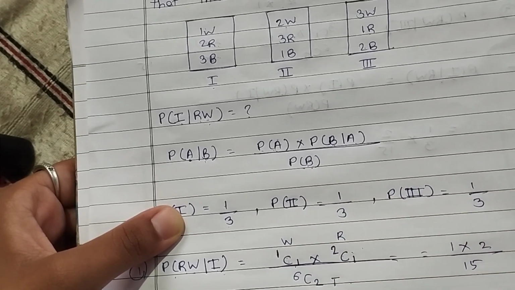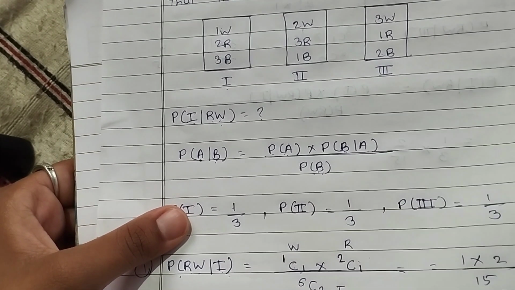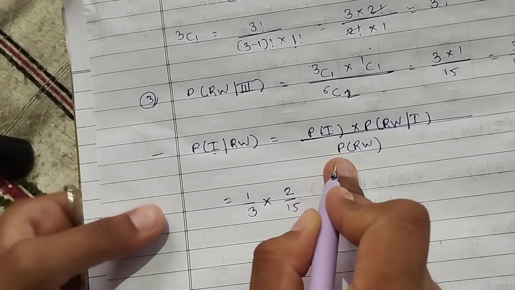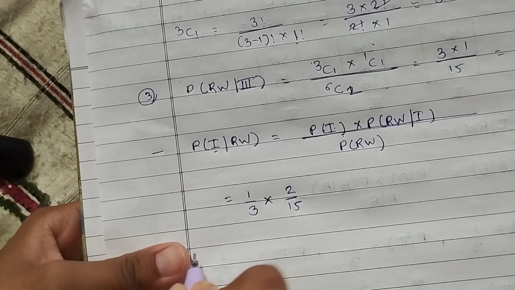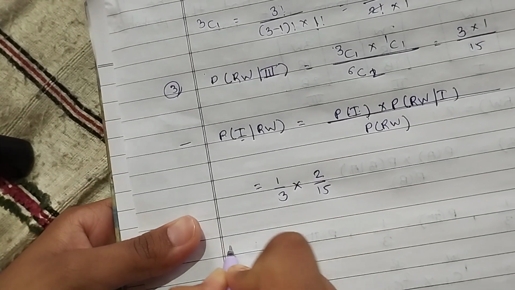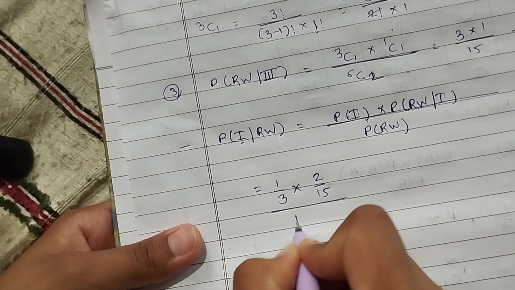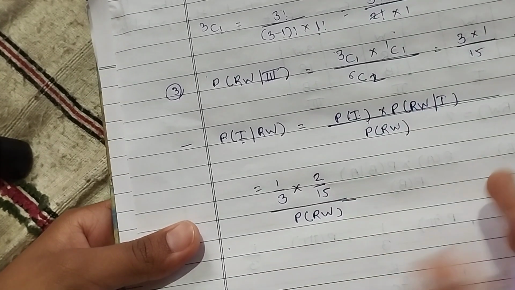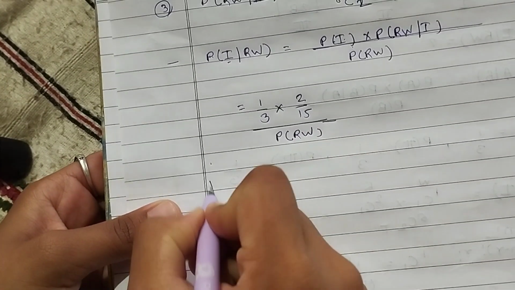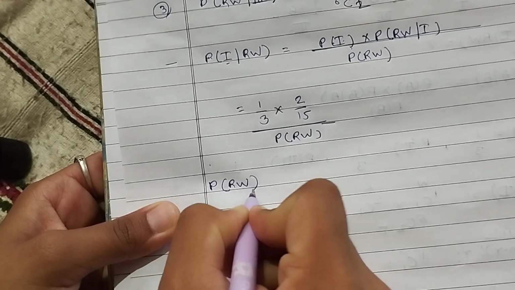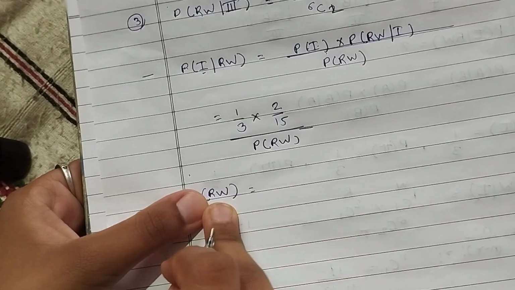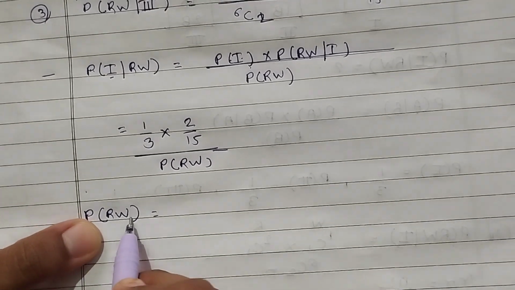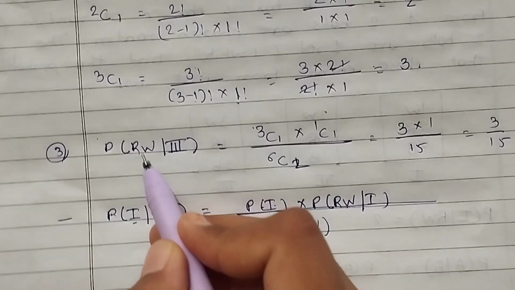For this also there is one trick which I remember, I also share with you. If we find out the probability of RW, so here this is the term for the probability of RW. This is our original rule. So the trick to find out the probability of RW is, if you see this probability of RW, then we find one term here.